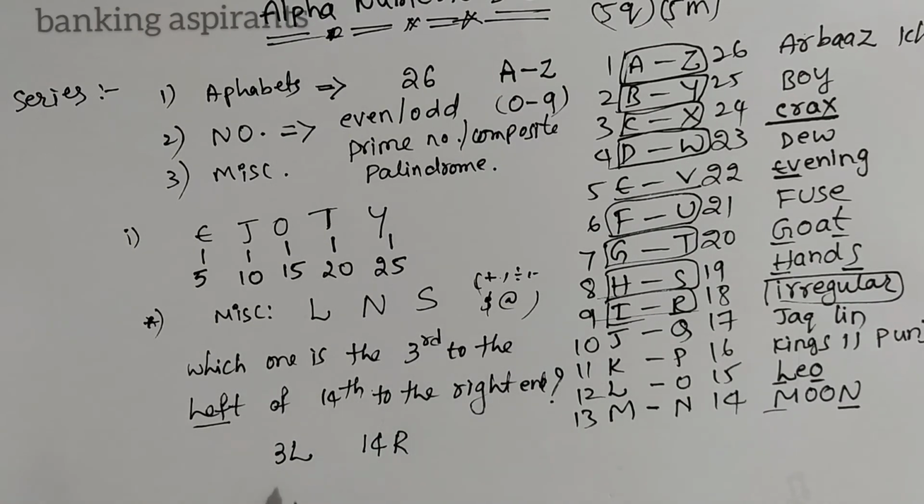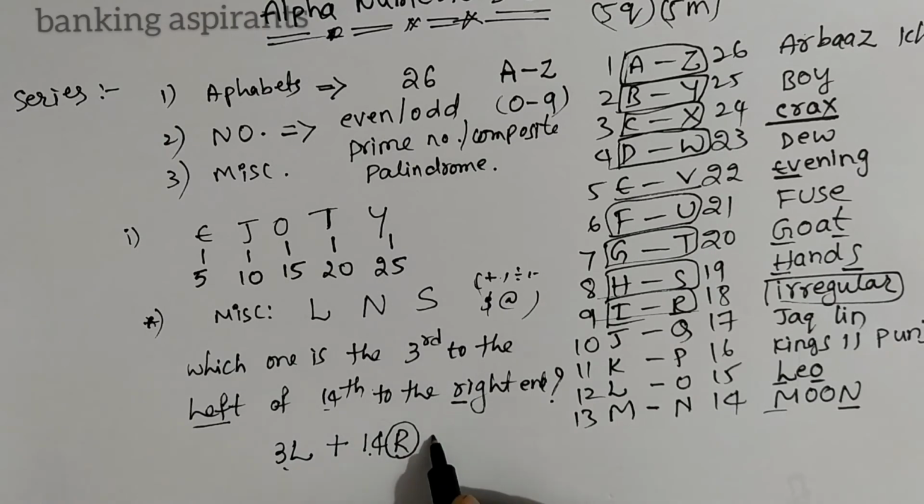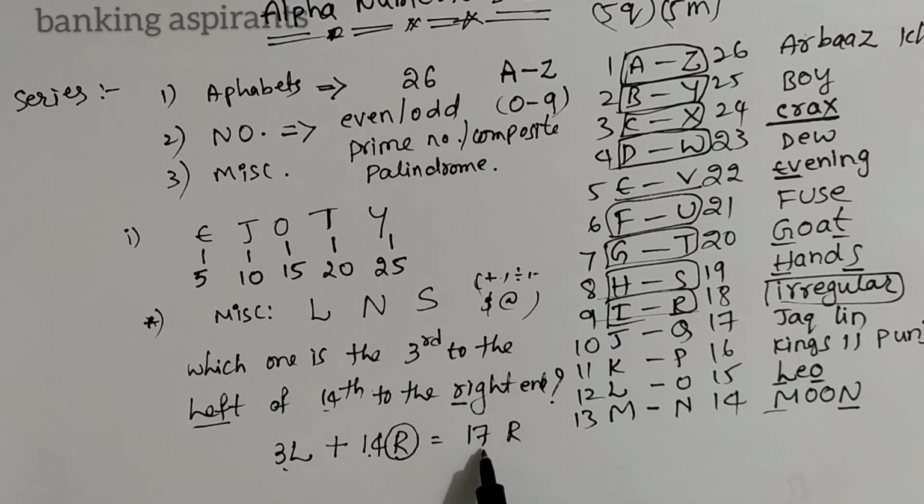When we have opposite directions, that is left and right, we need to add left and right and take the last direction in the question. Last direction is right. 14 plus 3 is 17, right. We need to take the value of the 17th right in the series as the correct answer. If we have the same direction, we need to subtract.